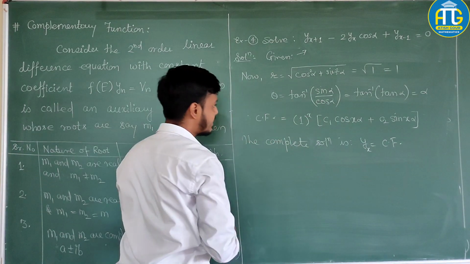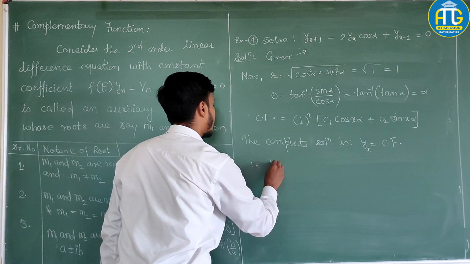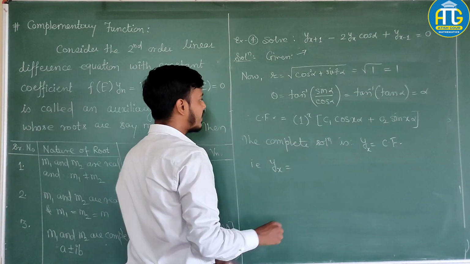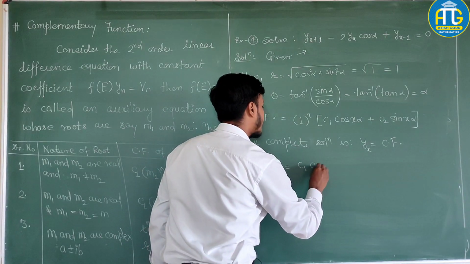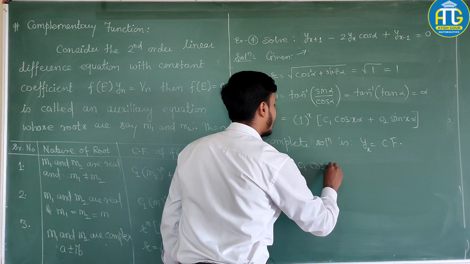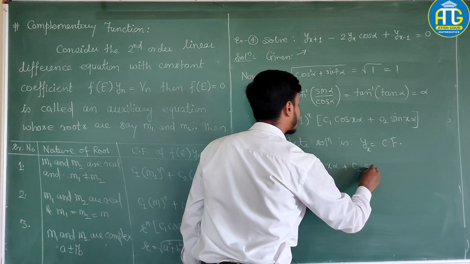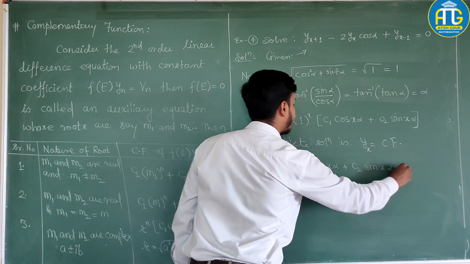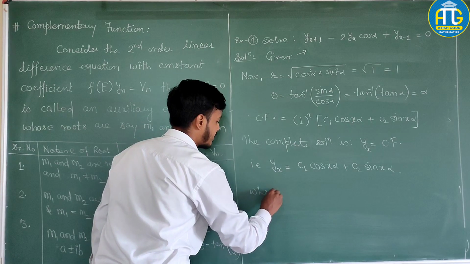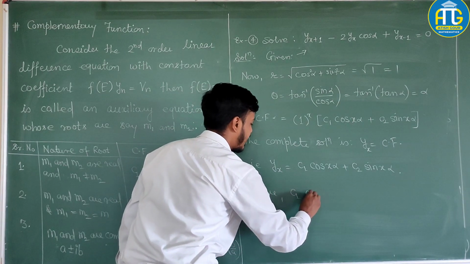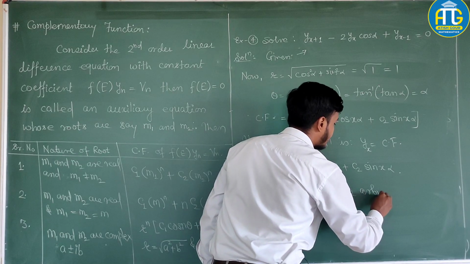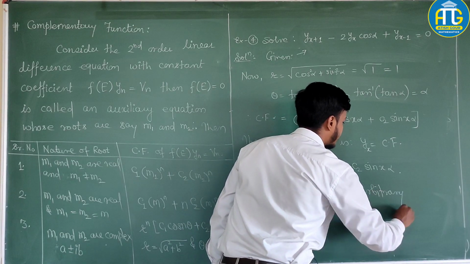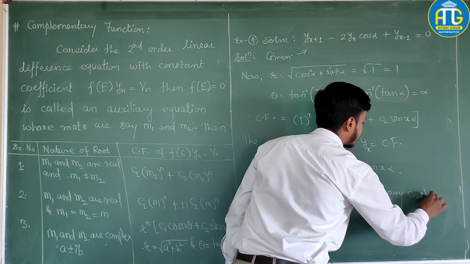So what is it? That is yx is equal to, what is CF? 1 to the power x is 1. So this is C1 cos x alpha plus C2 sin x alpha, where C1 and C2 are arbitrary constants.